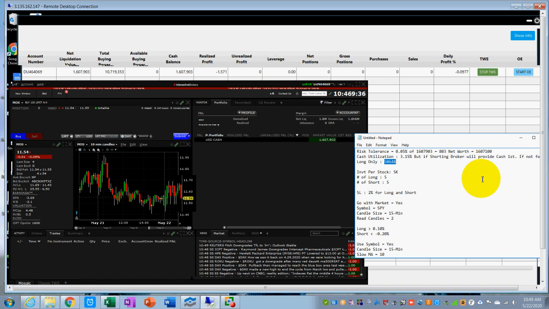So that means I'm telling the algorithm not to go over $50,000 of investment. But if you do shorting, it's a different story. In that case, the broker is going to provide you money. And later on, when you buy back the stocks, you adjust the money which the broker gives you.